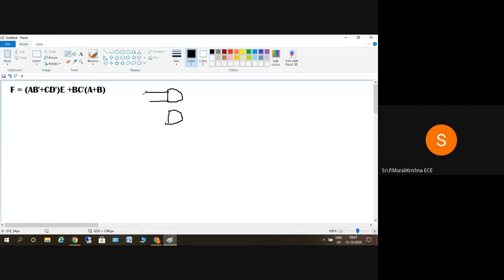This is A, B bar, C, D bar, and this is E. So these two are given to an OR gate, your summation. And these two are given to an AND gate because it is a product.